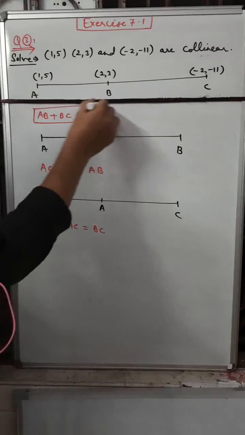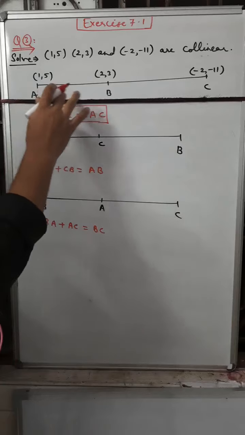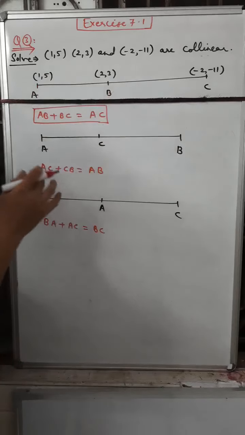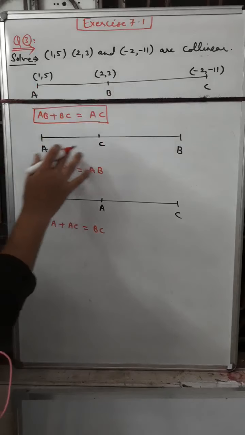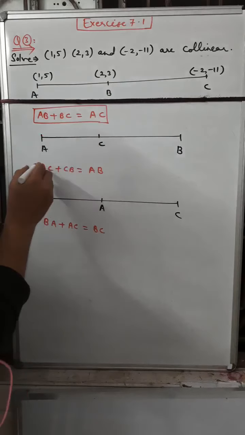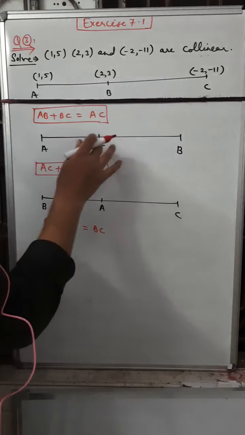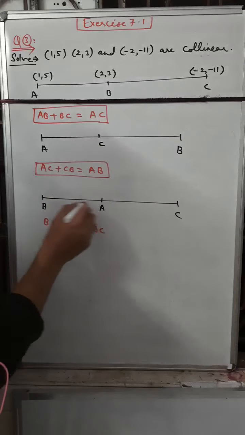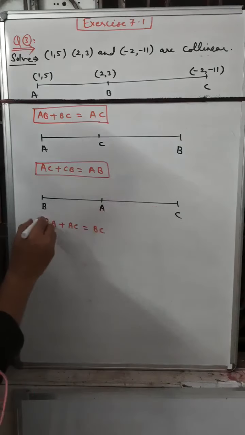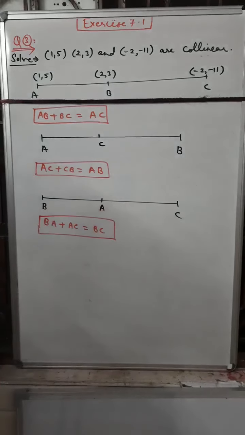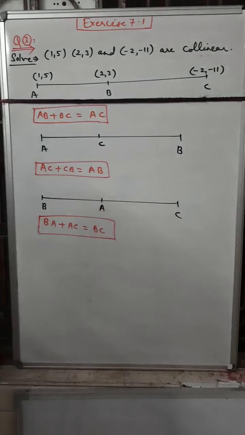This condition will be satisfied when the points are in sequence A, B, C. But here point C is situated between A and B, so that condition should be followed if they are situated in the same straight line. Or here A is situated at the mid of B and C, so that condition would be satisfied. So we can say that the 3 points are in the same straight line.